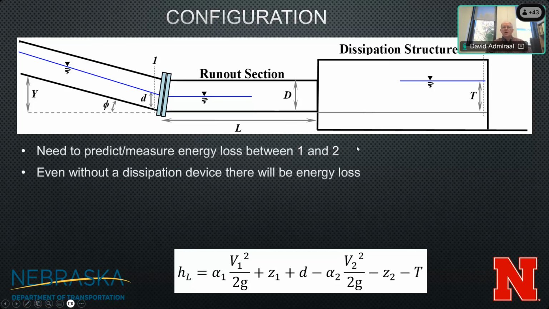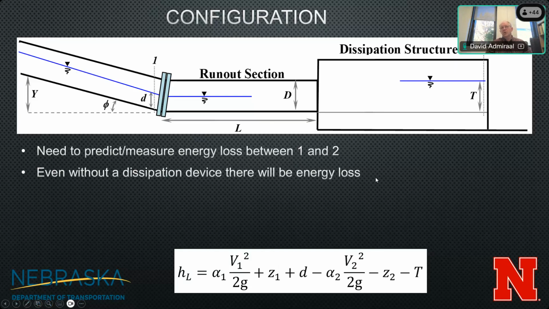We get energy loss even when there is no dissipation device in here. So just so you're aware that we don't actually have to put anything in here, but there will be energy loss. It could be as little as friction loss, but in the cases that we're looking at, this runout section is circular, it's cylindrical, and the dissipation structure is rectangular. And just that shift from a circular structure to a rectangular structure causes some energy loss.